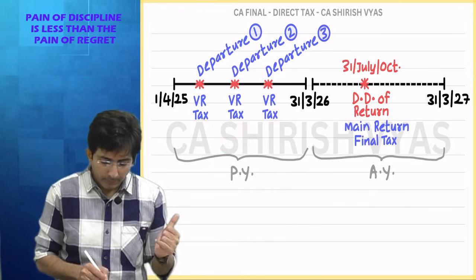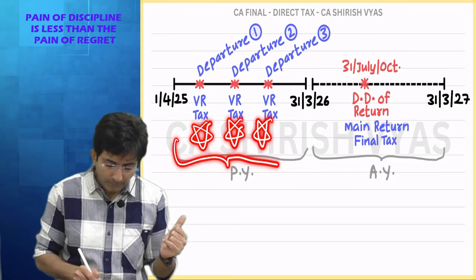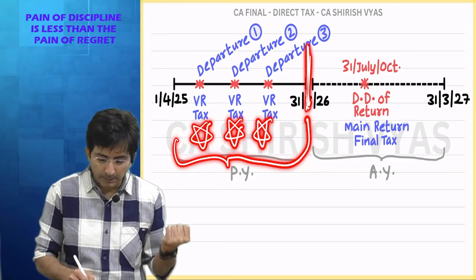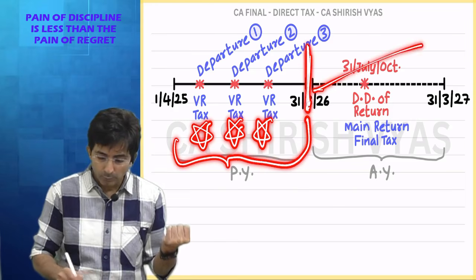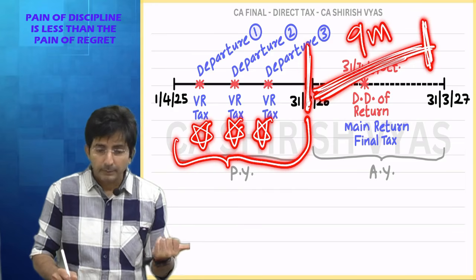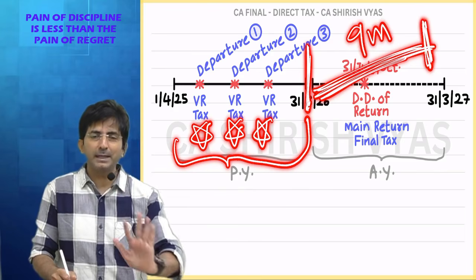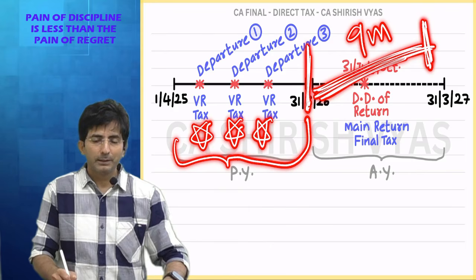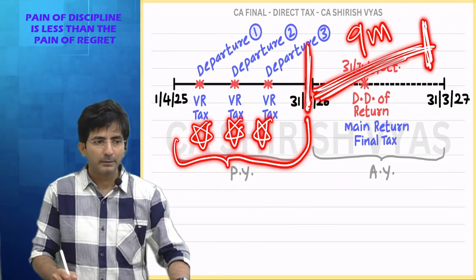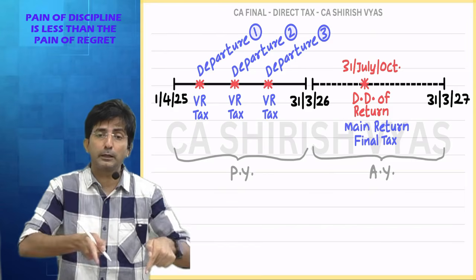So tell me, when did you file the voyage return? You filed it during the previous year only. So what is the end of the previous year? 31st March 26. So within 9 months, they will do the assessment also. The assessment means basically they will approve. They will say, okay, we are happy with your voyage return, everything is good. See, the government is expecting from them to do the formality, file the voyage return.